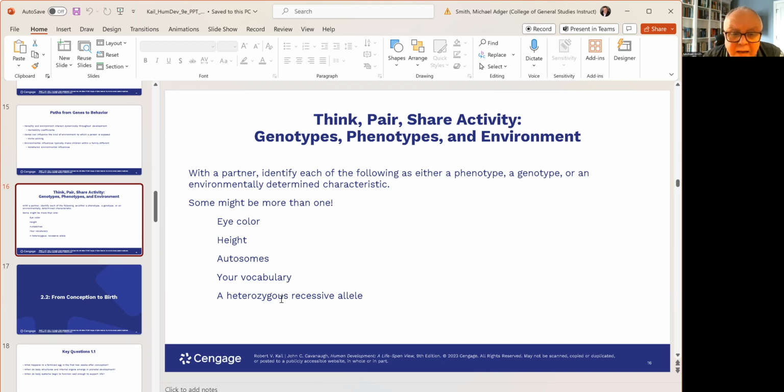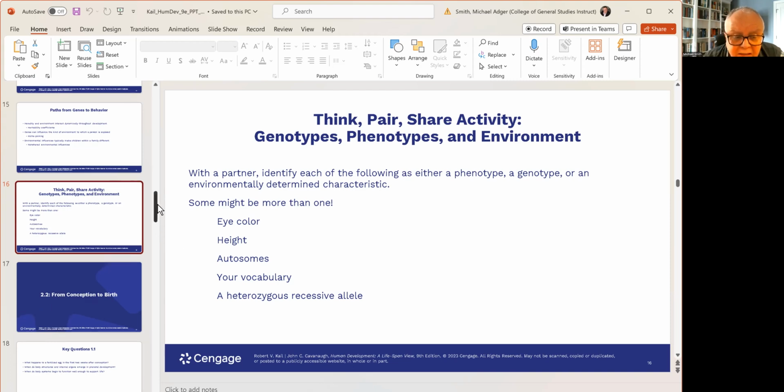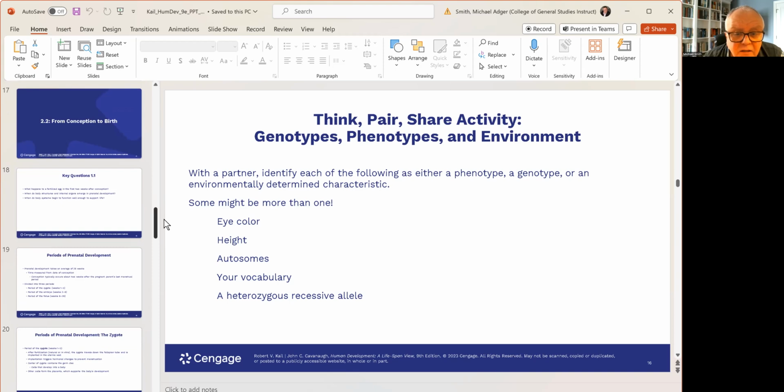I just came back from a month in the Philippines, and Filipinos are very, very short, but you're beginning to see some height come out of that from different foods and eating different things. So there's a lot of things that determine in the end what your eye color or height can be. In fact, my grandfather had one brown eye and one blue eye. So that was rather unusual.